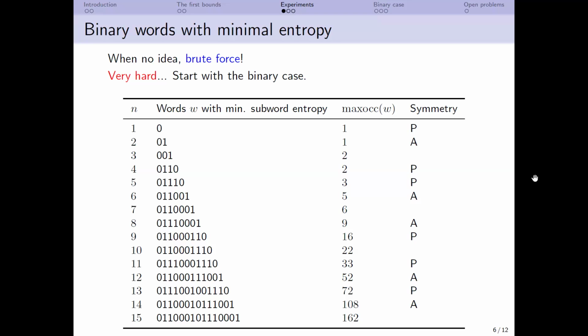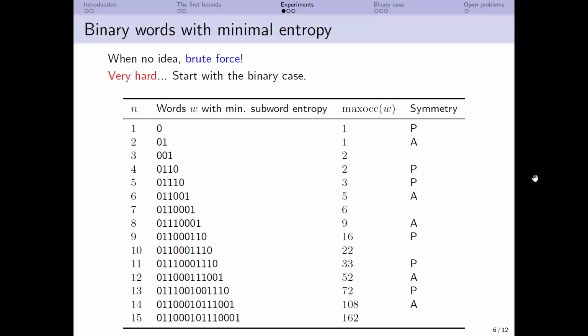And we see that, at least for words of quite small length that minimize the subword entropy, it's as if there is already some kind of structure. It looks kind of regular. And if we look at the symmetries of these words, many of them are either palindromic or anti-palindromic.